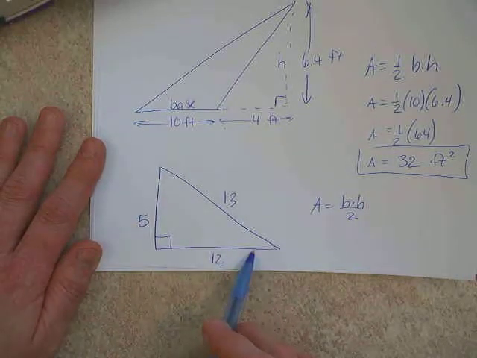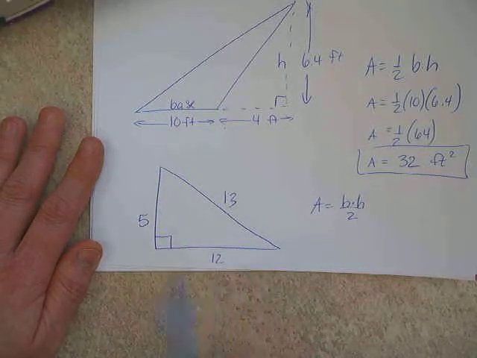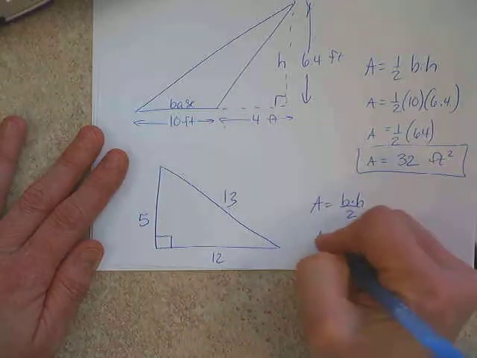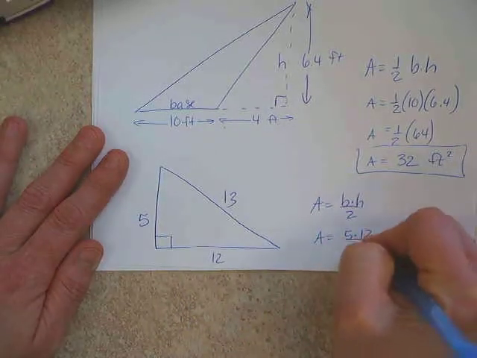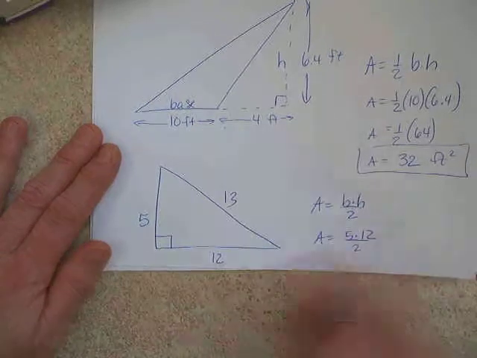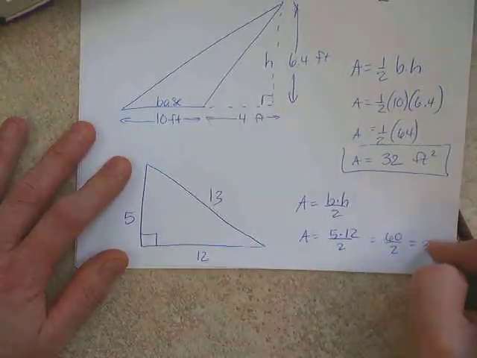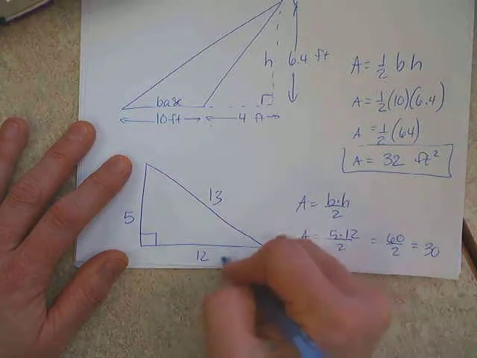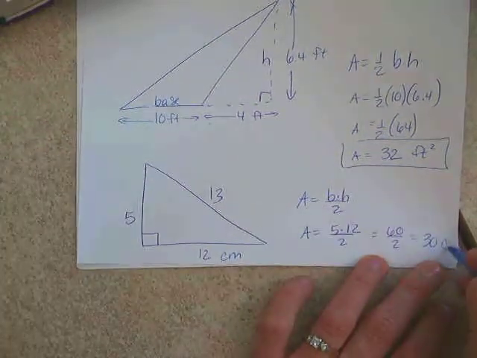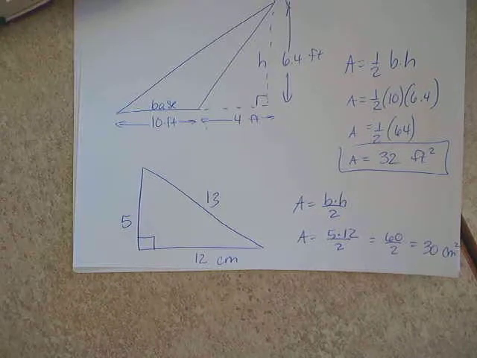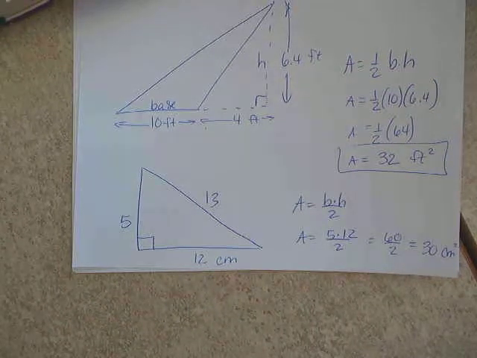You have 3 dimensions. Which ones are a base and a height? 5 and 12. They're perpendicular. That makes it easy when you're looking for those perpendicular lines. So area would be 5 times 12 over 2, which is 60 over 2, which is 30, and let's call these centimeters. So that would be square centimeters.